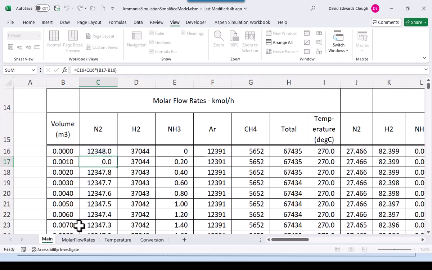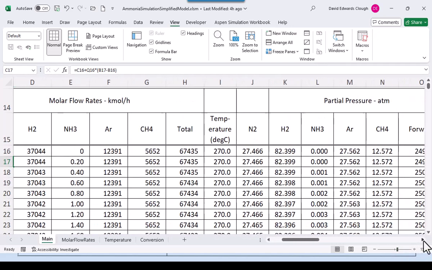So that's how we get that. And then after that, these formulas here are just operational already above, so they can be copied down. And you can notice that the inerts are just constant. And then the total starts to change, and eventually the temperature starts to change.